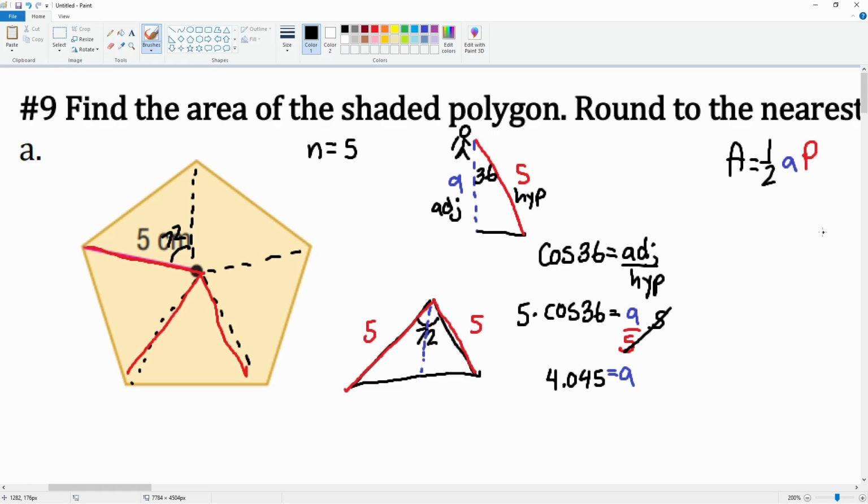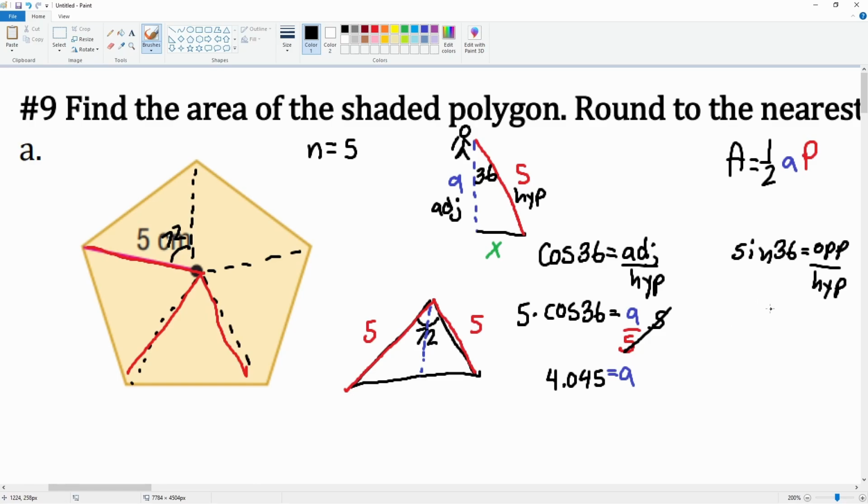I have my apothem, but now I need to get my perimeter. Let's see if I can get my other side here. I'm trying to get this side, which is just going to be x. To get that, I set up my other trig ratio. Sine of 36 is equal to the opposite over the hypotenuse.